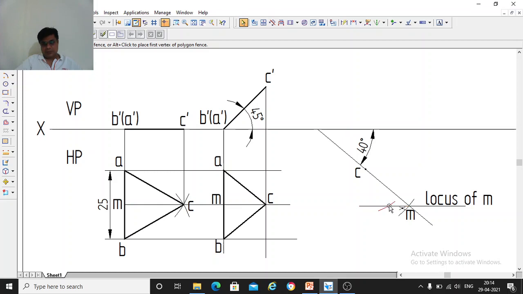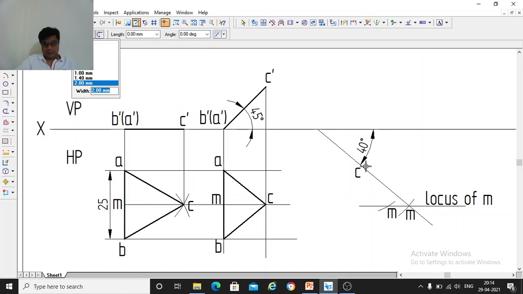So now this is the apparent length CM, and this point is M. Now you connect a line from this M to C. I'll draw a thin line connecting the point C to this point M.